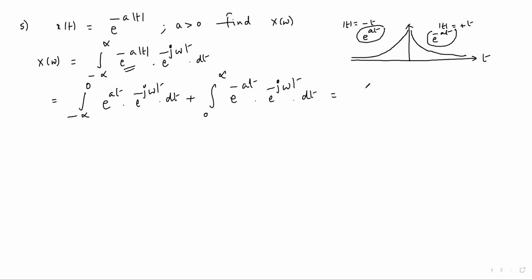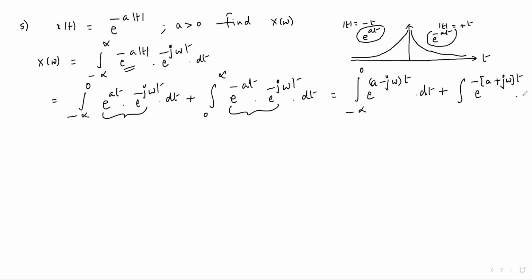Let us combine the exponentials. First, e to the power of a minus j omega, t, integrated from minus infinity to 0, dt. Second term, combining these two exponentials, you will get e to the power of minus of a plus j omega, t, dt, with limits 0 to infinity.